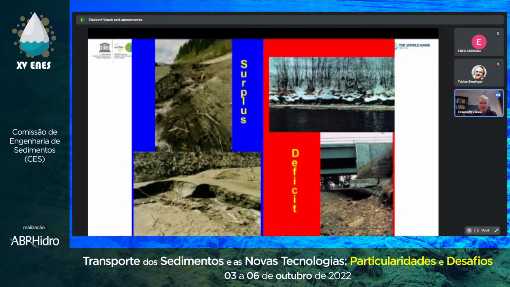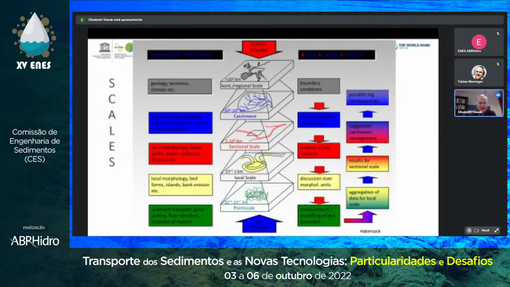In order to do this, we have to start, as I said at the beginning, not only at this spot here or here, we have to look into the system. This was tried here in a schematic drawing. We all know that we have different scales here. With our reservoir, we are mainly in the local scale, to my point of view, very much determined by the sectional scale, what is the input of sediments from the upstream area, which in itself comes from the catchment side.